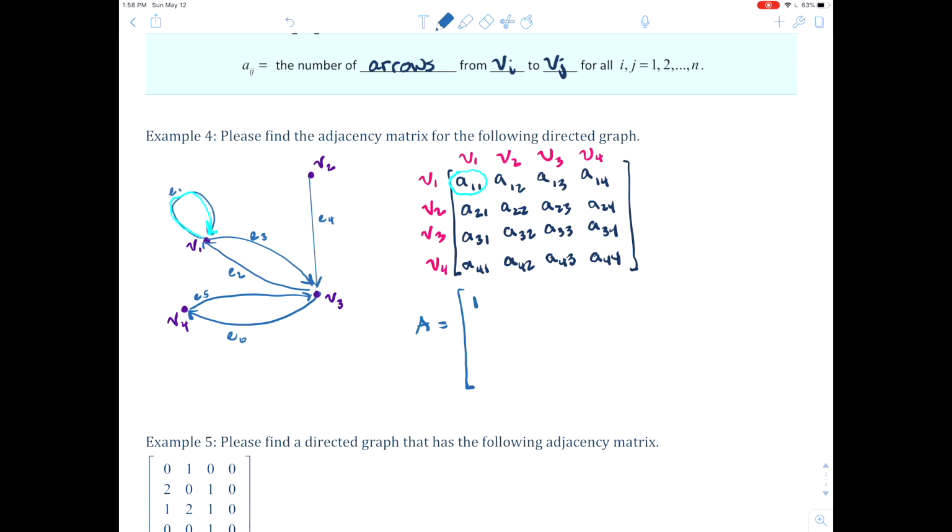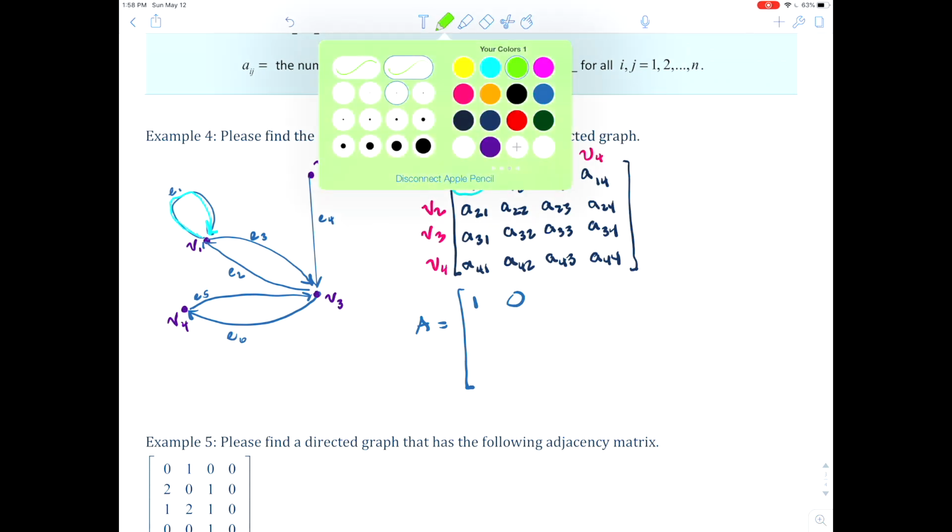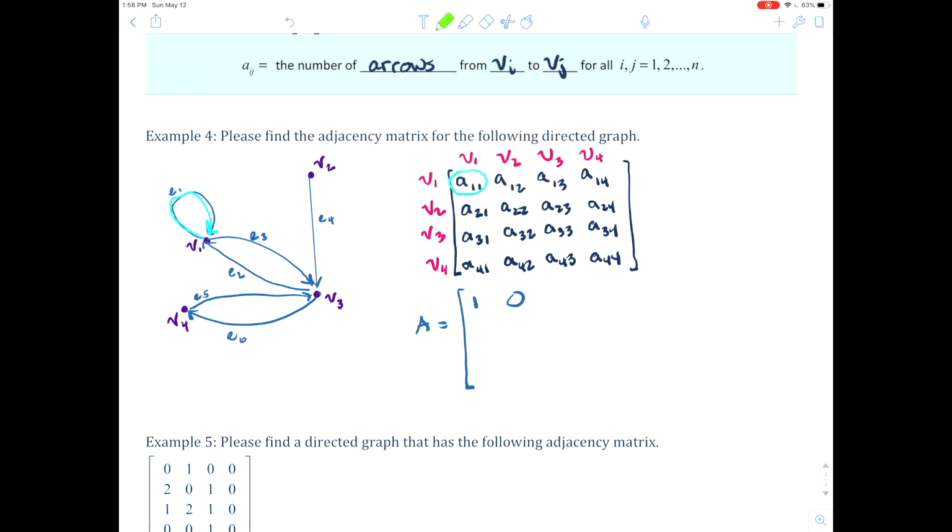All right, how about going from V1 to V2? That would be entry A12. Is there anything going from V1 to V2? No, right? So you would just put a 0. How about from V1 to V3? Yes, you actually do have 1 going there. Do you see that from V1 to V3, you have edge 3 going?